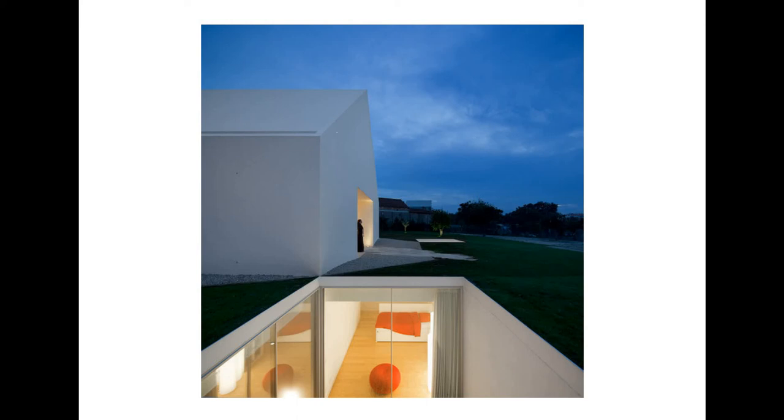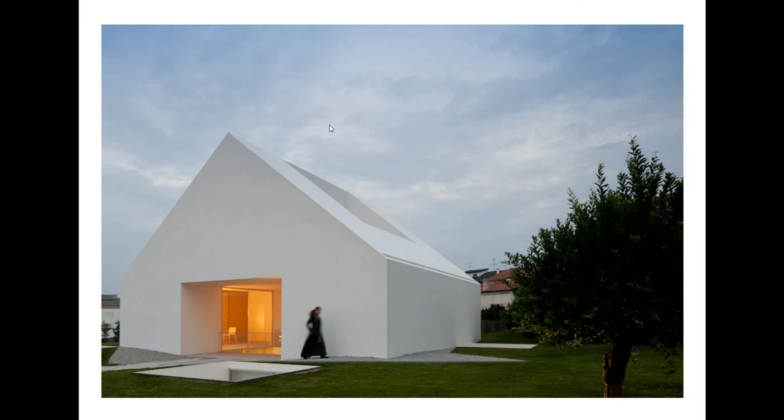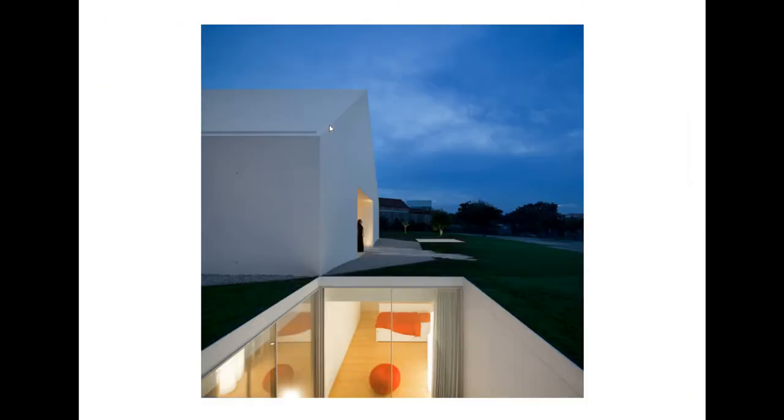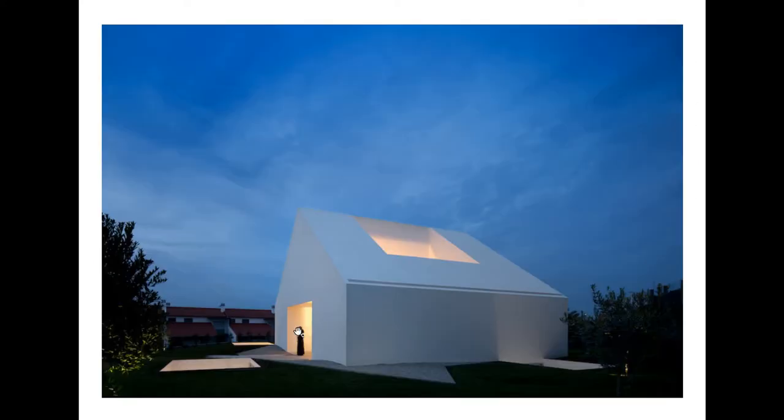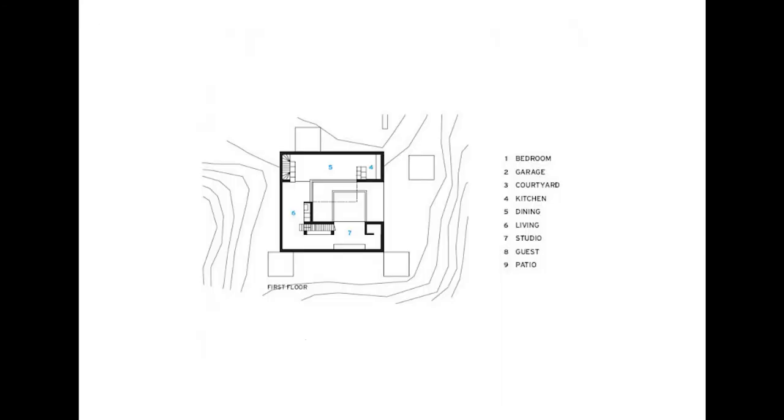It was enough to design a one-level high building because he hid another part of the building inside the ground. But because he hid it inside the ground, he has to open the ground with these large patios. And these patios can let the sunshine and the light into the bedrooms.